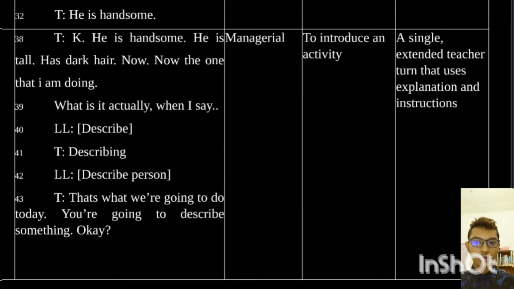And the teacher said describing, and the student replied back, describe person. And the teacher continue on by saying, that's what we are going to do today. You are going to describe something. Okay, so this is managerial mode to introduce an activity, and its interaction is a single extended teacher turn that uses explanation and instruction.